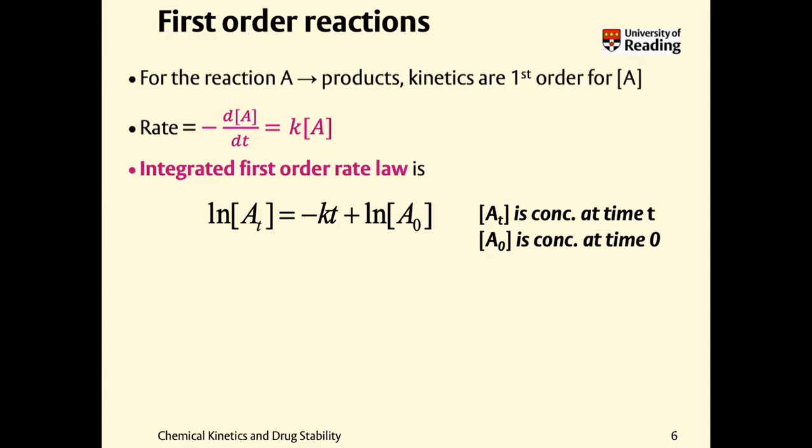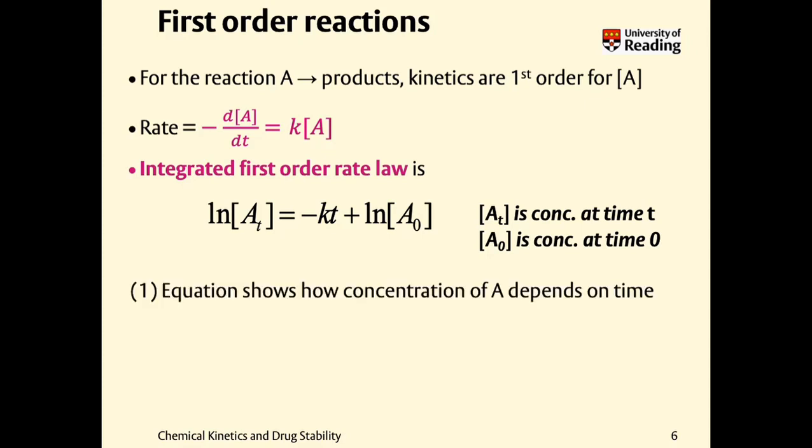But you do need to think about this new equation that we have. This equation allows us to link concentration at any time in the reaction to the rate constant. The equation shows how concentration of A depends on time. And the equation is in the form of a y equals mx plus c equation, which can be very useful.